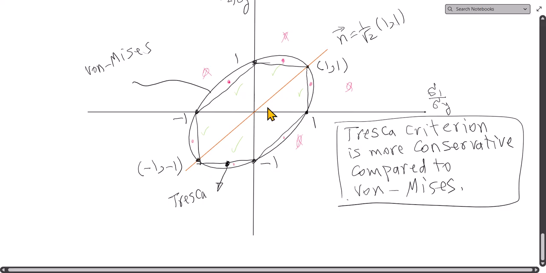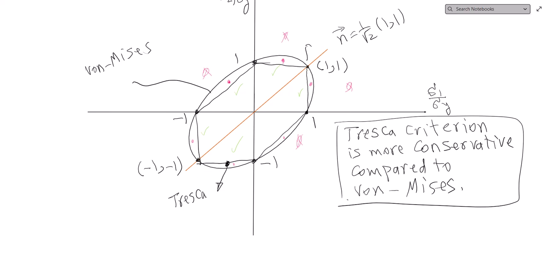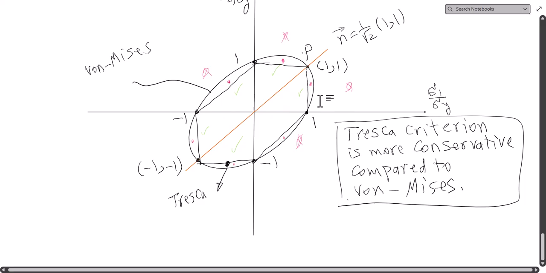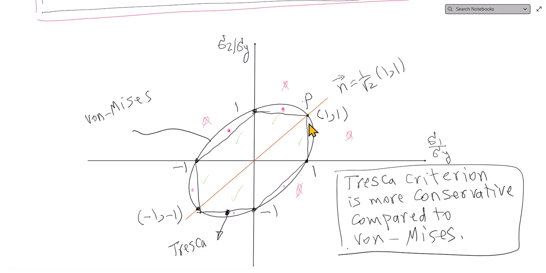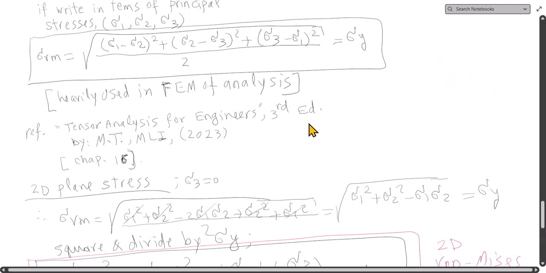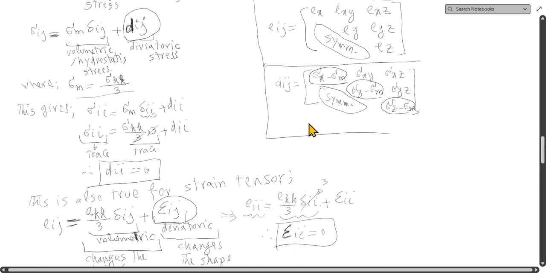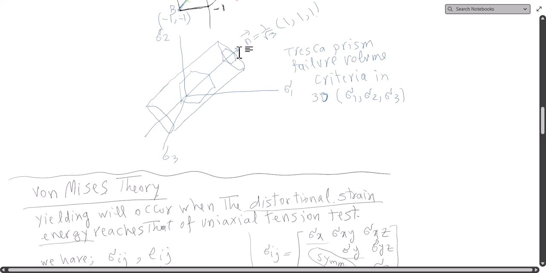So again, if I rotate this vector with the pivot at the origin such that this point, let's call it point P, in a sigma 1, sigma 2, sigma 3 coordinate system gets the coordinates of 1, 1, 1 in that direction, which is similar to what we had for the Tresca.